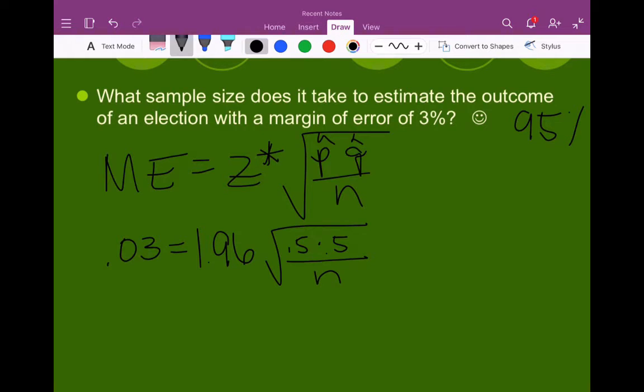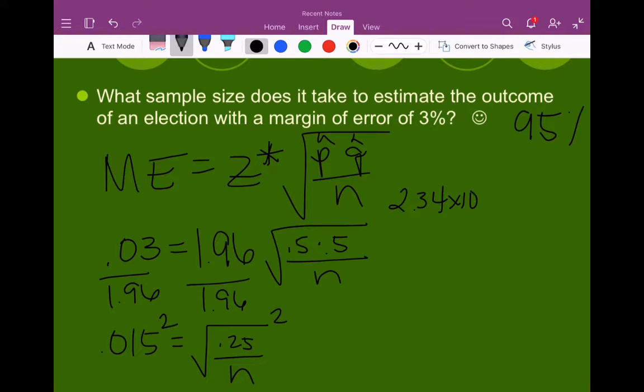And then I solve. So the first thing I'm going to do is divide by 1.96. This gives me 0.015 equals the square root of 0.5 times 0.5, which is 0.25, over n. I square both sides, and we end up with 2.34 times 10 to the negative fourth equals 0.25 over n. I multiply by n on both sides, so we get n times 2.34 times 10 to the negative fourth equals 0.25.